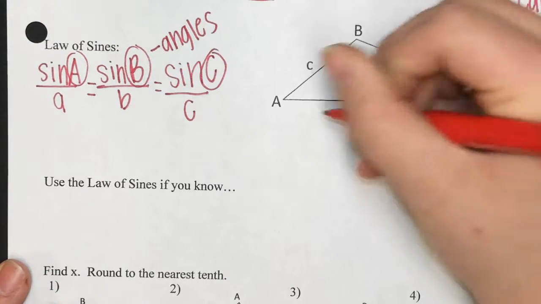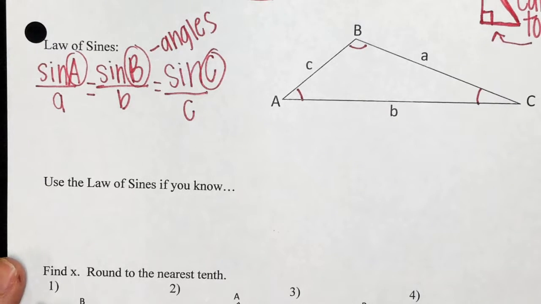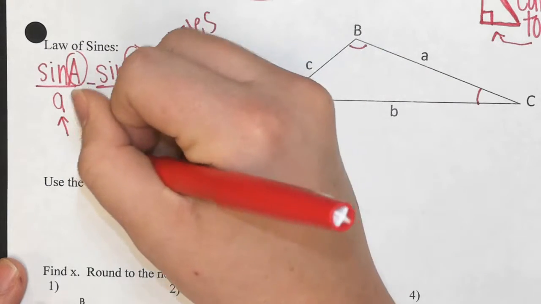Angle A, angle B, angle C. All of the lowercase letters, these are all sides.